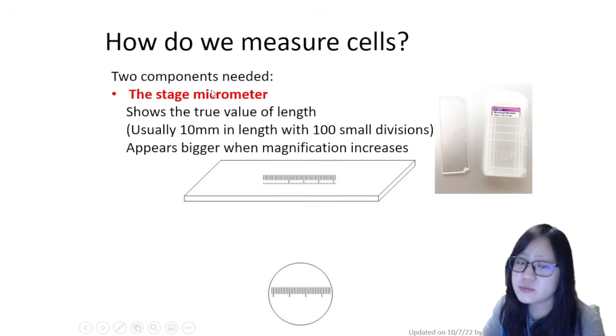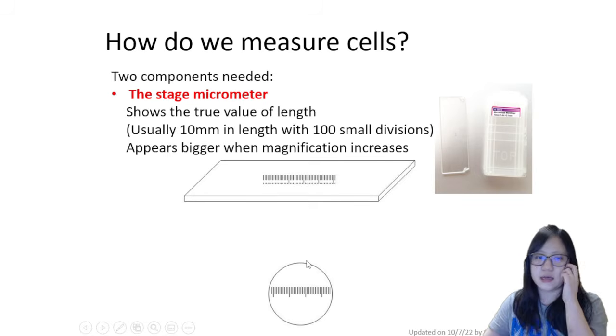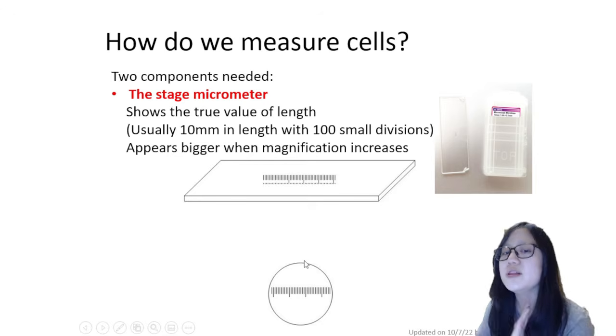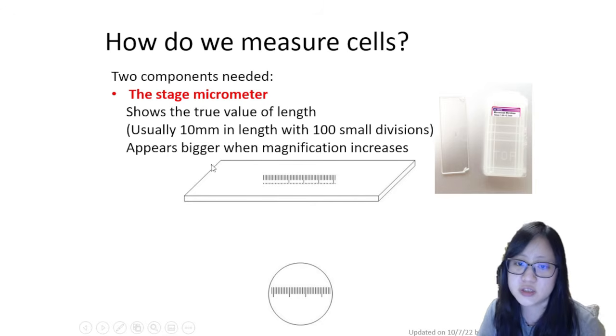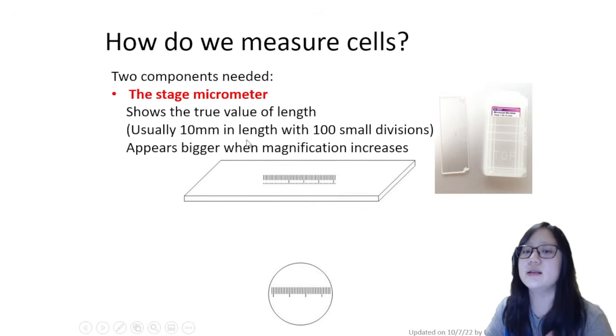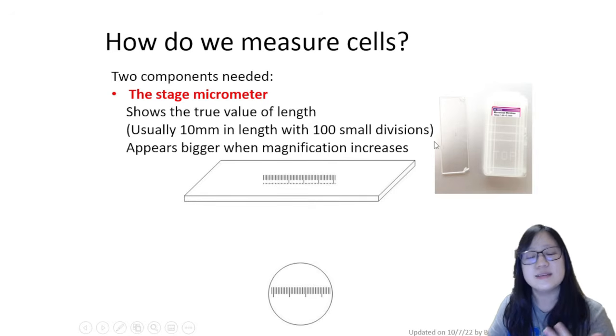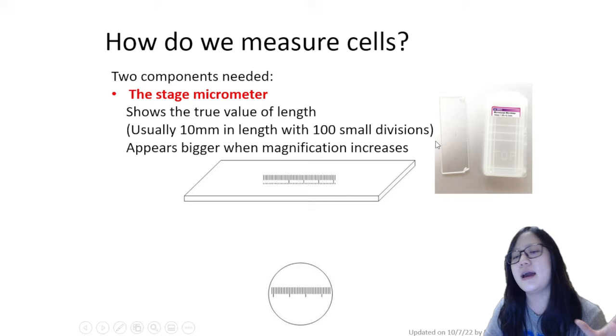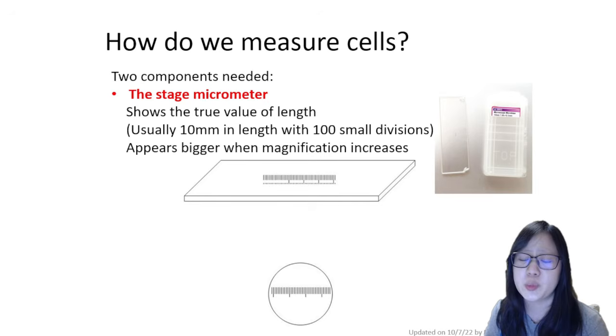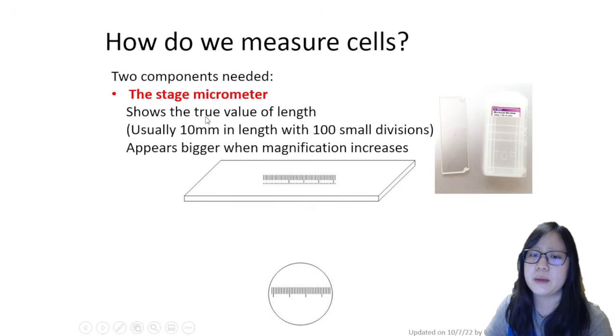Now, the stage micrometer, again, as I said, shows the true length, right? Usually, okay, it's 10 mm in length with 100 small divisions. But honestly, this depends on your labs and what kind of stage micrometer they're using. Usually, though, it's 10 mm in length. So 1 cm, this whole thing here is 1 cm, 10 mm with 100 small divisions.